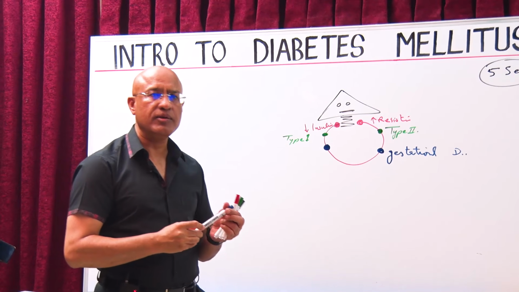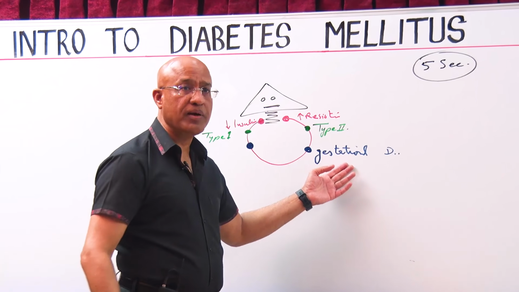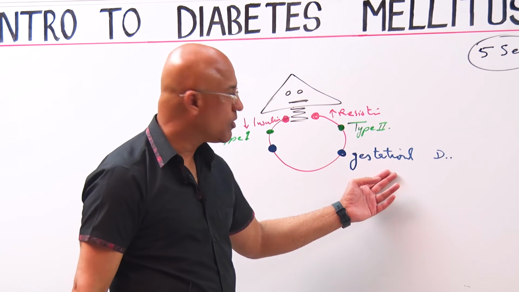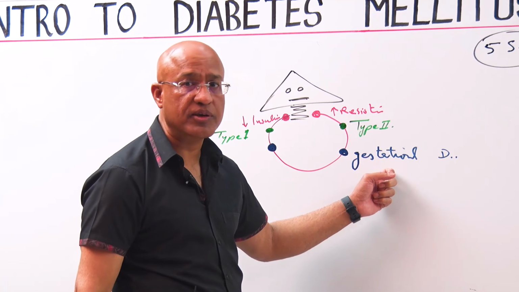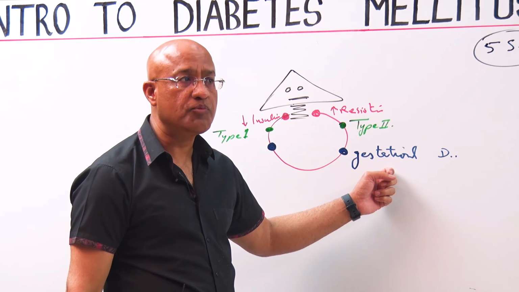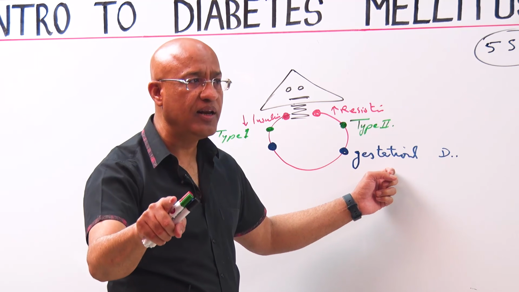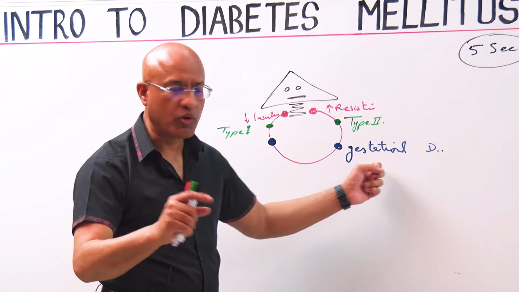This is a condition in which during pregnancy there is tendency for hyperglycemia or there is hyperglycemia. Is that right? We'll discuss in detail later. But what happens in gestational diabetes? In this case, there is a problem in production of insulin as well as peripheral resistance, that tissues are not responding well to the insulin.